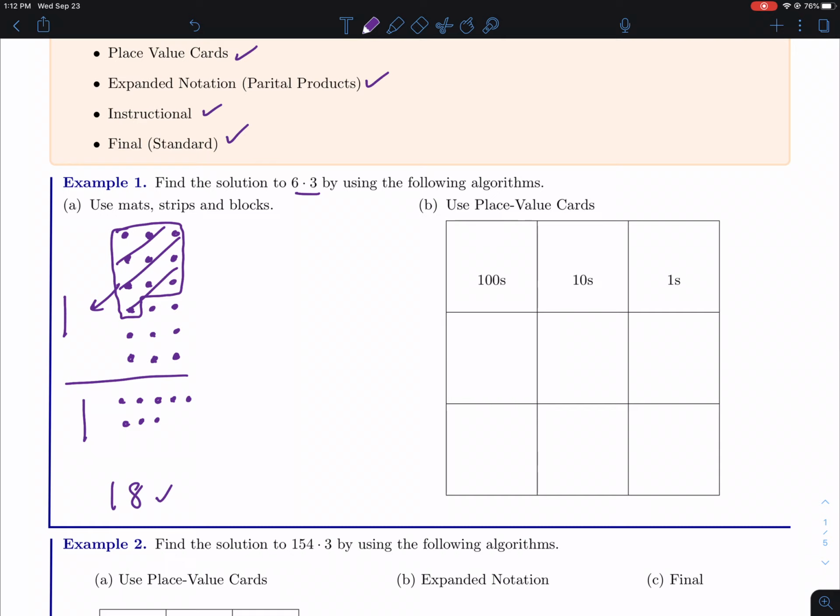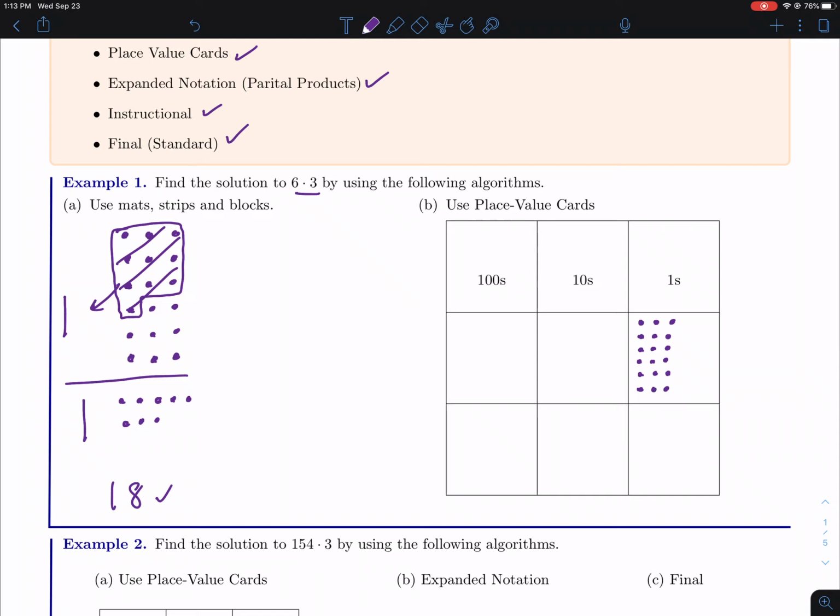With place value cards, we're going to do kind of the same thing. The idea is we're going to take 6 times 3, and we're going to go ahead and do six rows of 3 dots each.